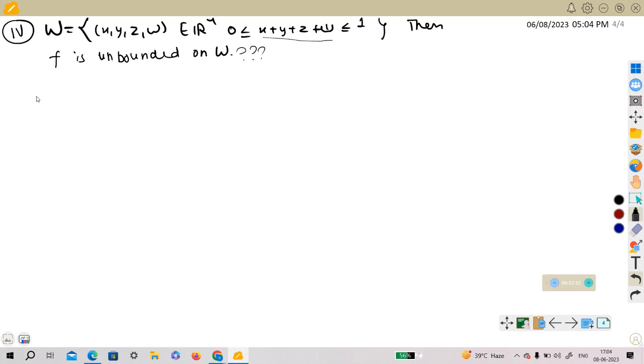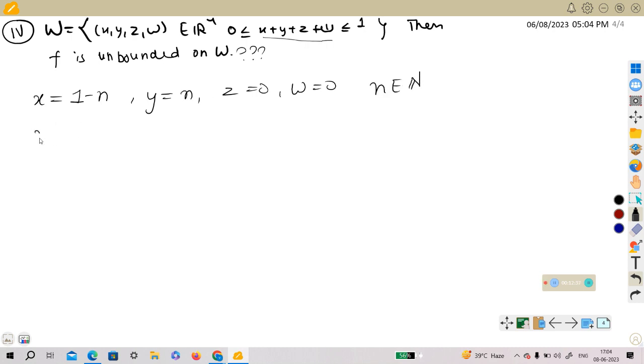First, let x be 1 minus n, and we take y to be n, and we take z equal to 0 and w equal to 0, where n belongs to the natural numbers.